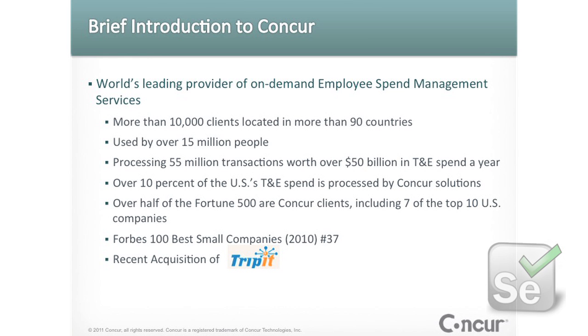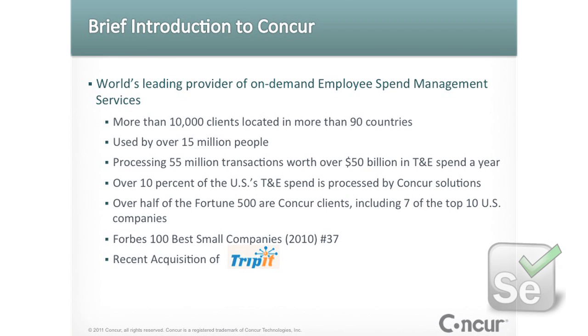Just some idea of transactions: we do about 8 to 10 expense reports per second during business days. We process about 55 million transactions per year, and it's about 50 billion in total travel and expense spend. So that's a little bit about us.